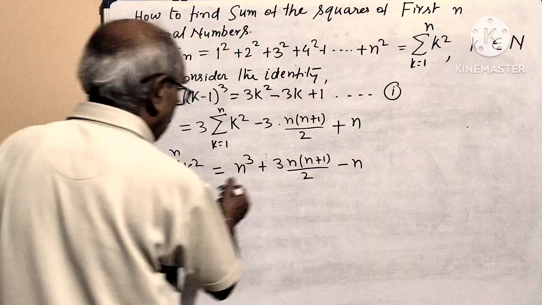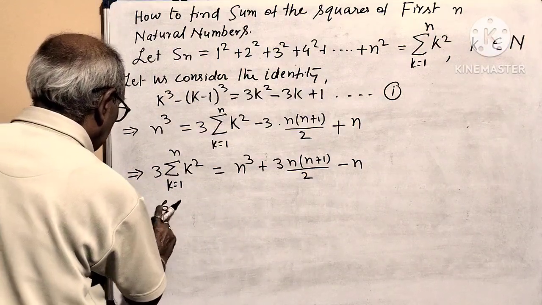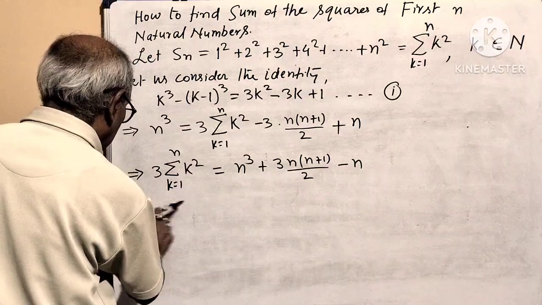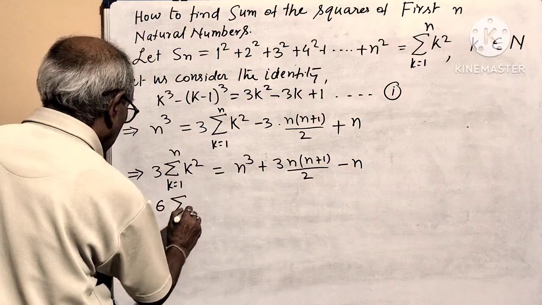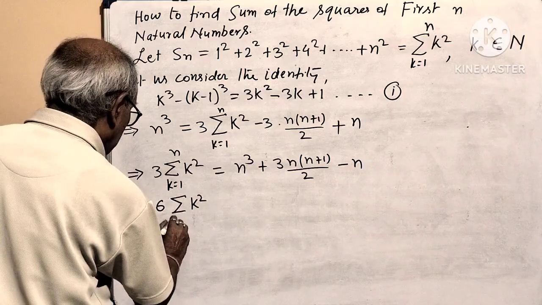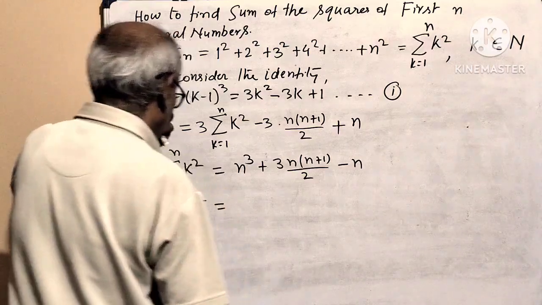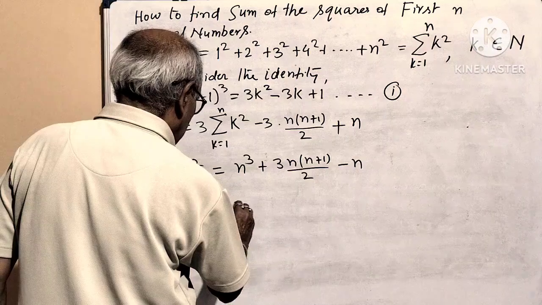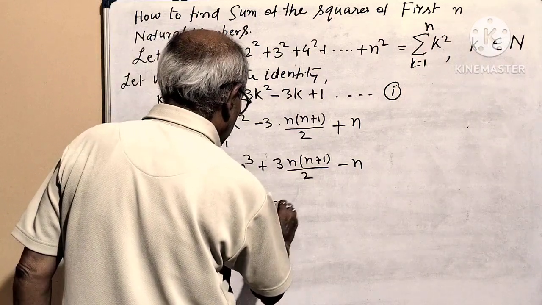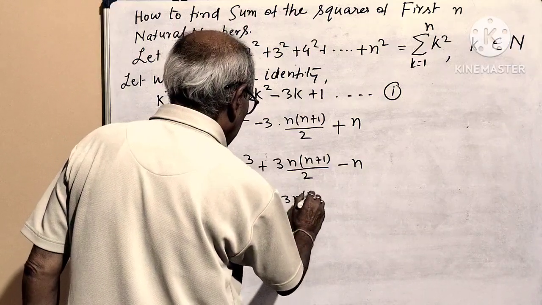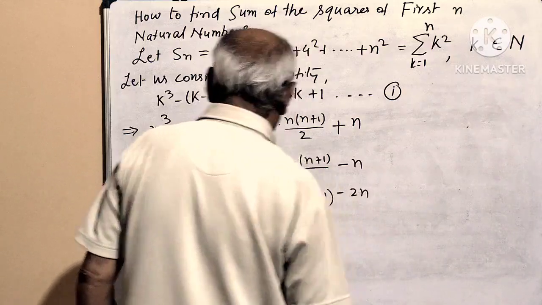Now multiply by 2 on both sides. 6 sigma k square, k equal to 1 to n, will be equal to twice n cube plus 3 n (n plus 1) minus twice n.